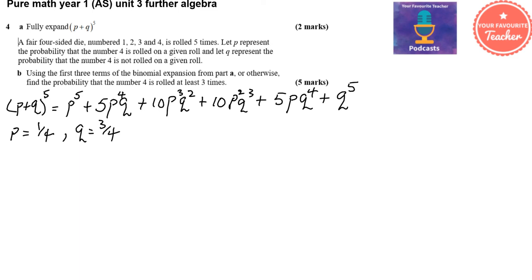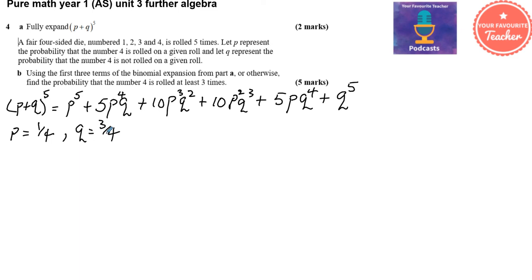For the number 4 to be rolled at least 3 times, it needs to be rolled 3 times, 4 times, or 5 times. And that means that we use the first 3 terms in our expansion.